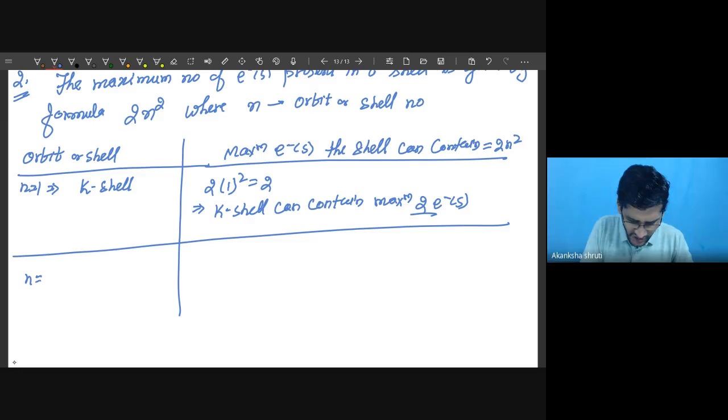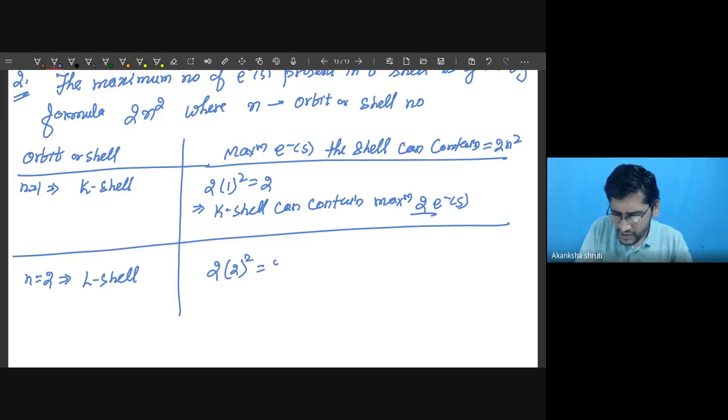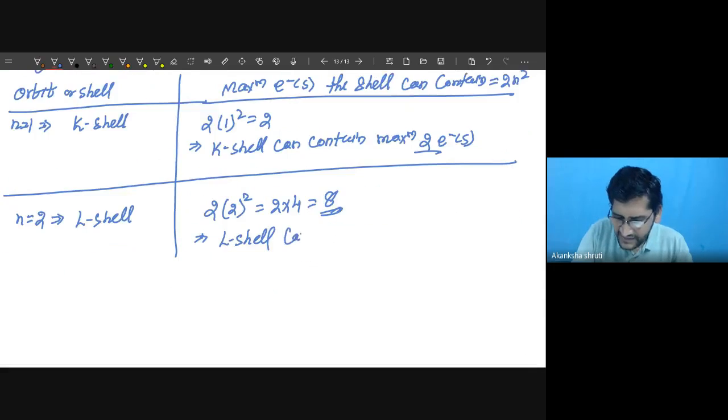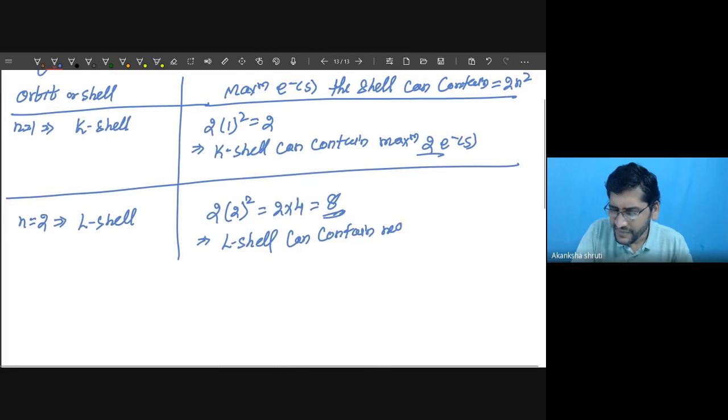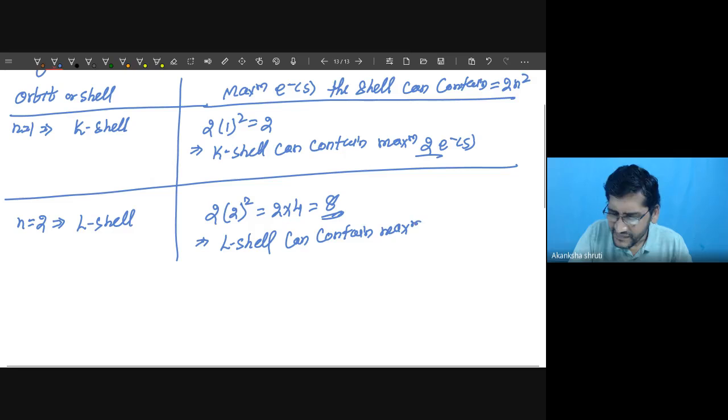Say n is equal to 2. This is our L shell. How many electrons can it contain? Substitute 2n square: 2 into 2 square, 2 into 4 is 8. So this number 8 tells that the L shell can contain maximum 8 electrons.